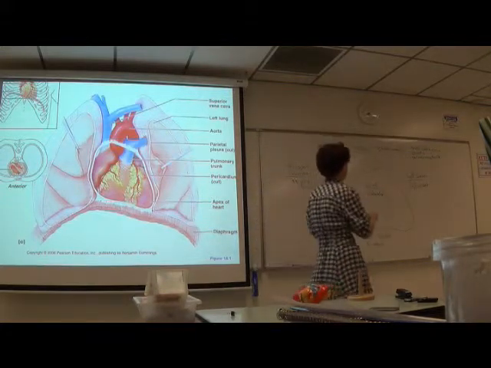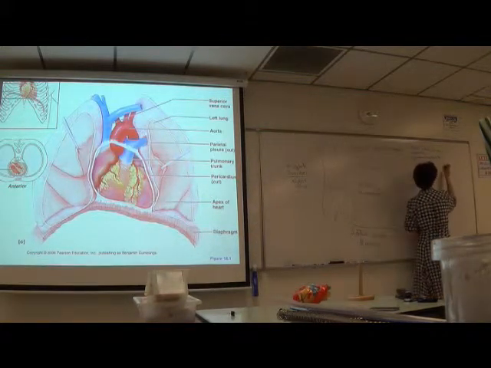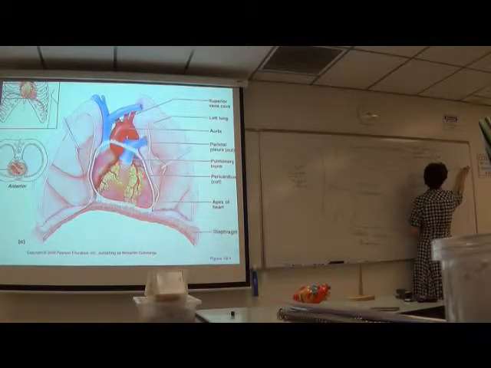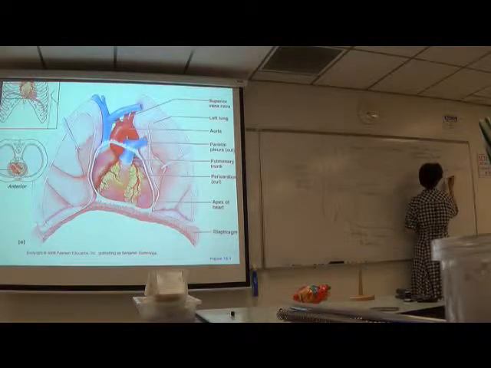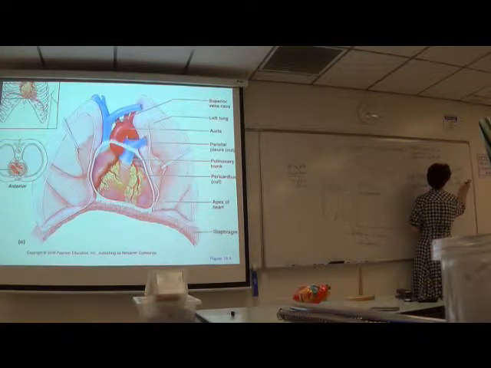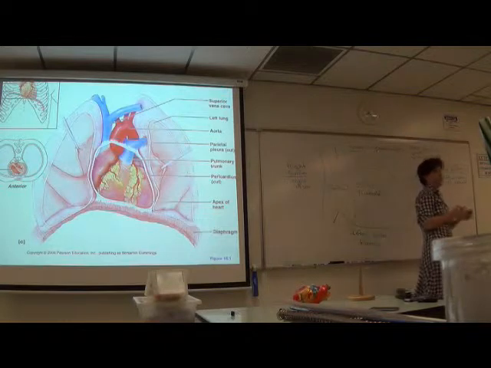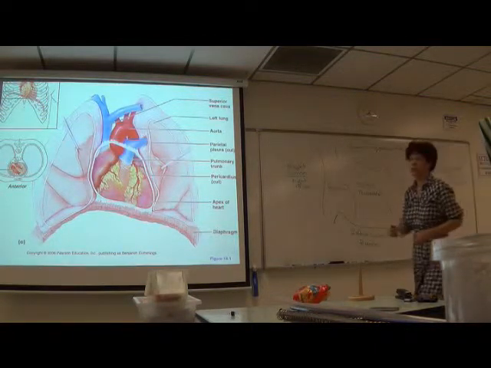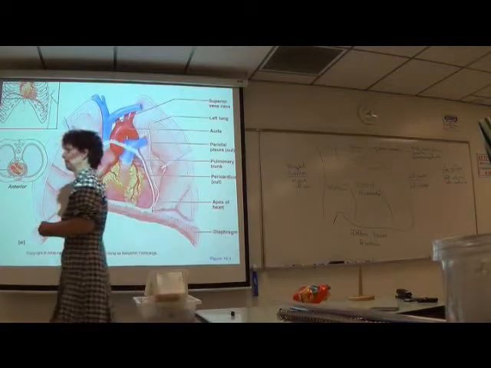I can't flip my board around, so I'll just write that over here. If the heart was in place and you'd opened up the chest and the diaphragm, if you wanted to touch the left atrium and the left ventricle, you'd have to put your hands around in the pericardial cavity to do that.